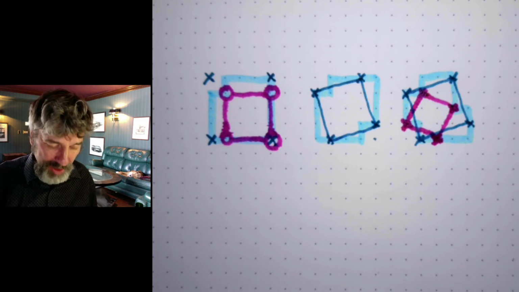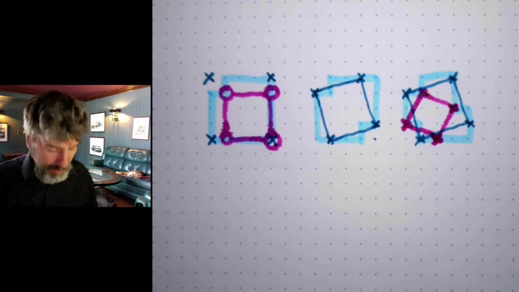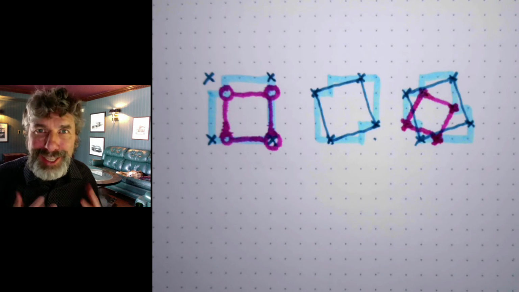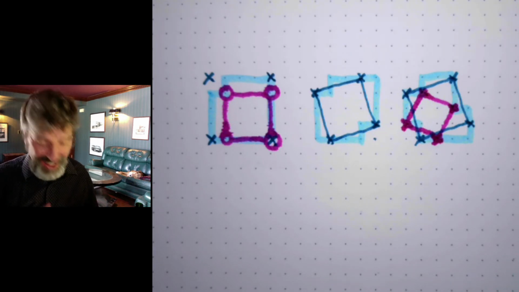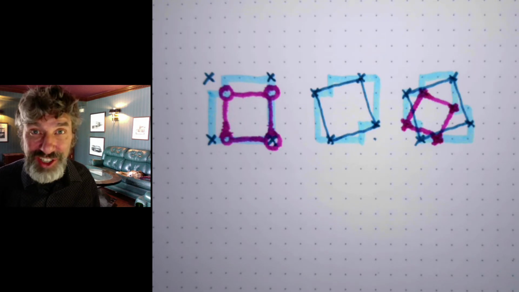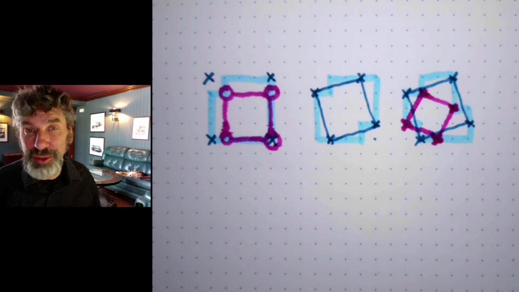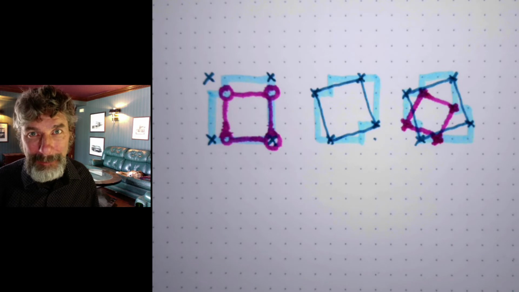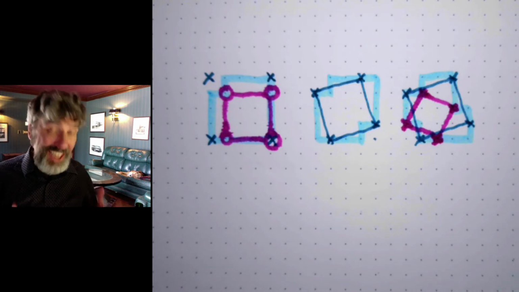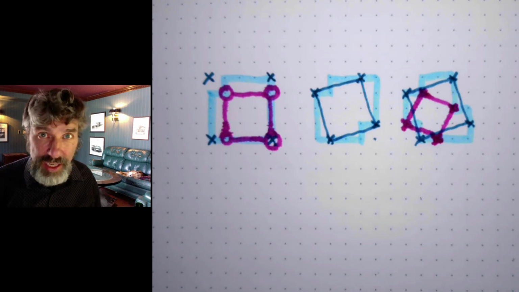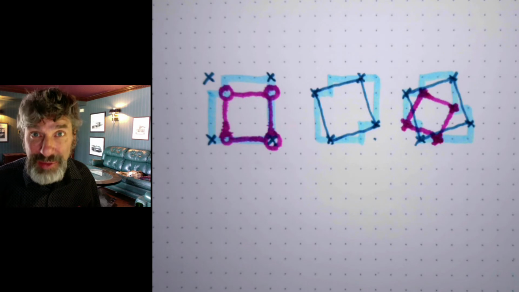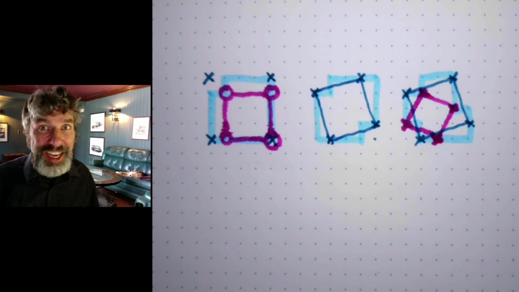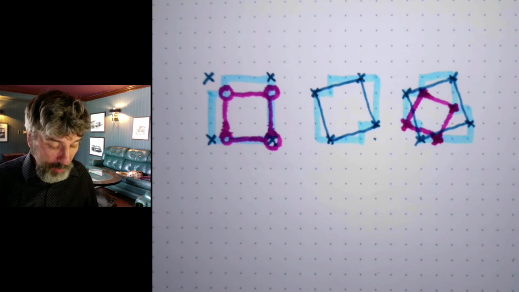So that's your first challenge: come up with a loop that your enemy in the class cannot solve. Cannot find a square that all four corners touch the edges of your loop. Your first challenge. Your second challenge is to find a loop where your enemy in the class cannot find more than one square.